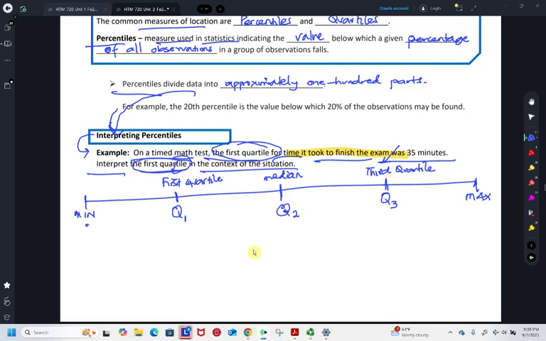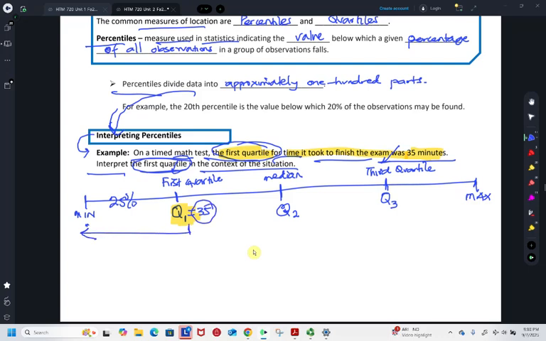So back to the context of this question, if we're saying that the first quartile is 35 minutes, it means this value, the first quartile, is equal to 35, which means that 25% of students completed the exam in 35 minutes or less.